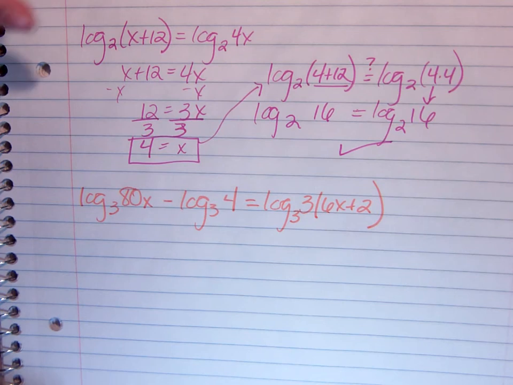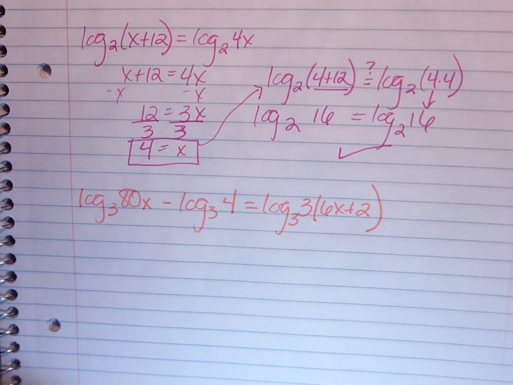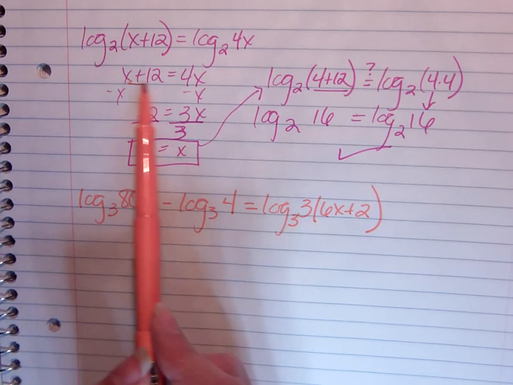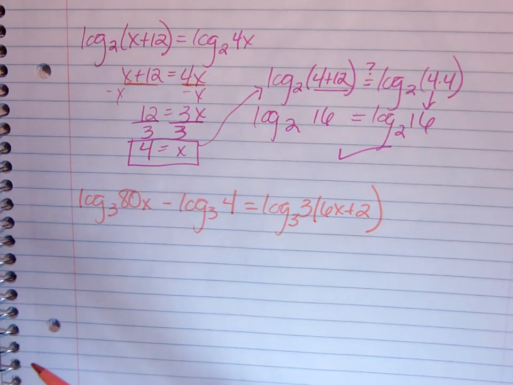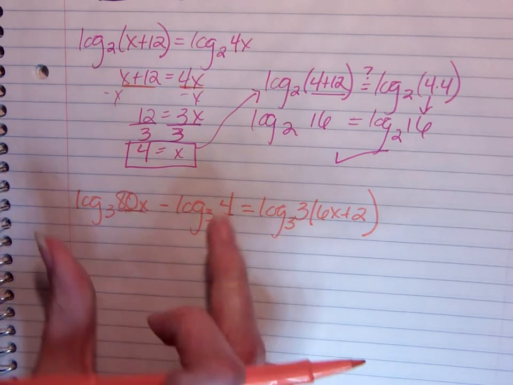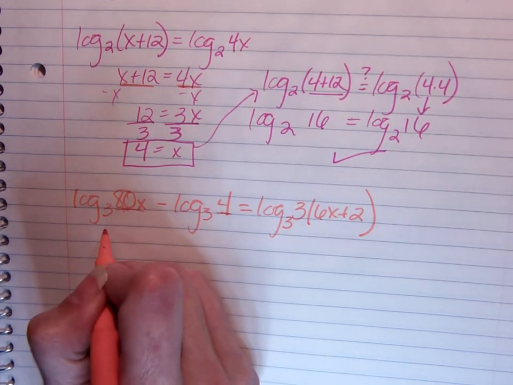It was sure nice to be able to just drop the logarithms out of the equation and only focus on the simple linear part. Well, we can do the same thing because we know about those condensing and expanding properties of logarithms. I see subtraction, so I can condense this into 1 log using division.